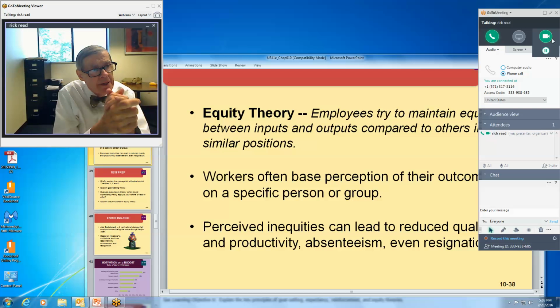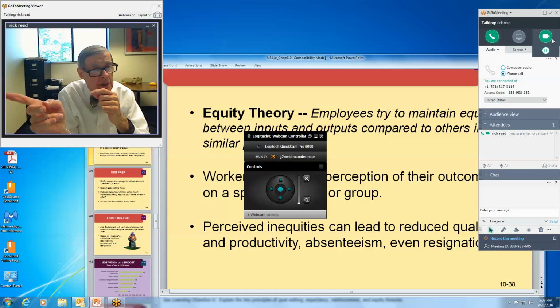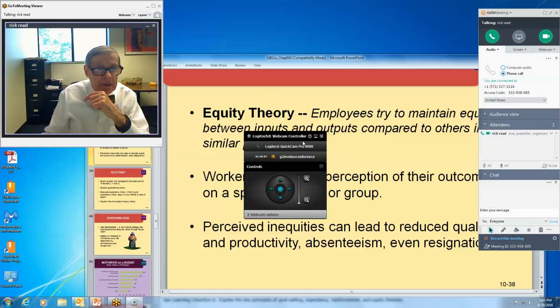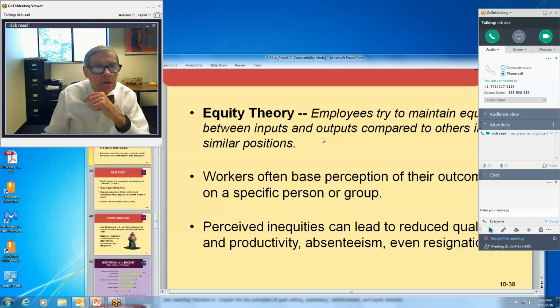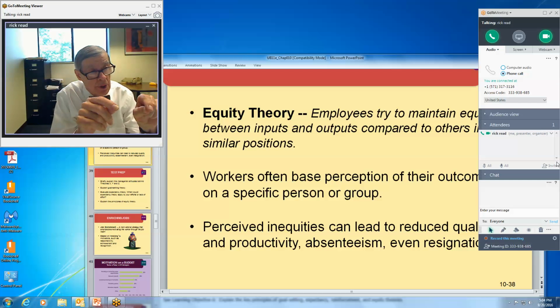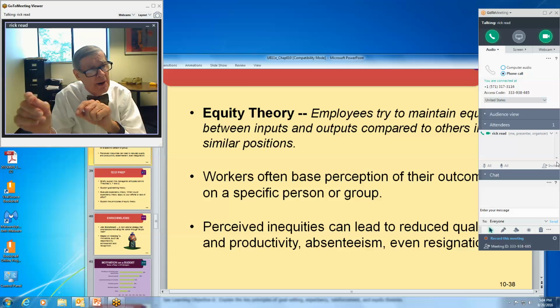What the employee here is trying to do is maintain equity between his or her inputs and outputs versus a comparison other. As long as the employee believes that there is equity between what he or she is doing and being rewarded for and what his or her comparison other is doing and being rewarded for, the performance will continue.